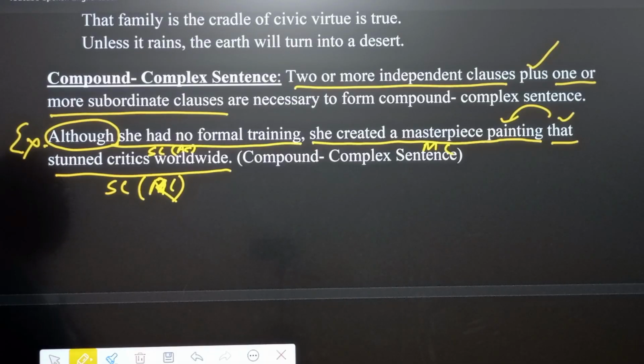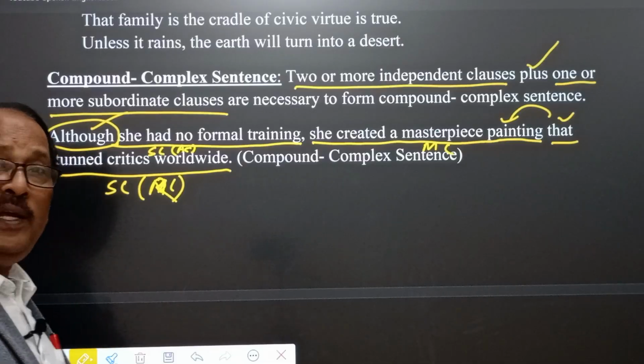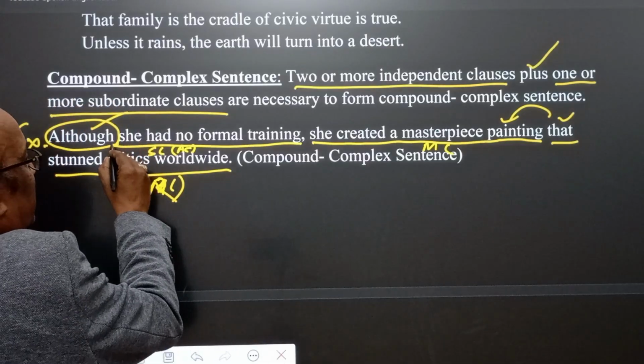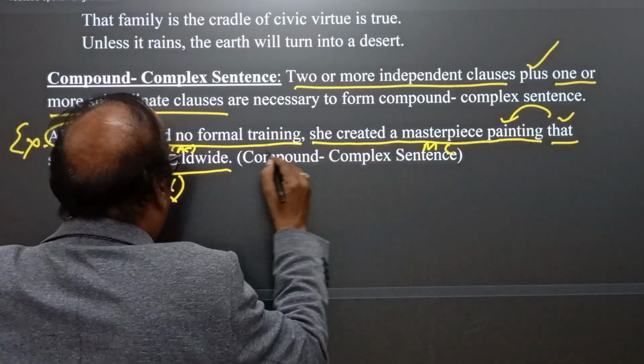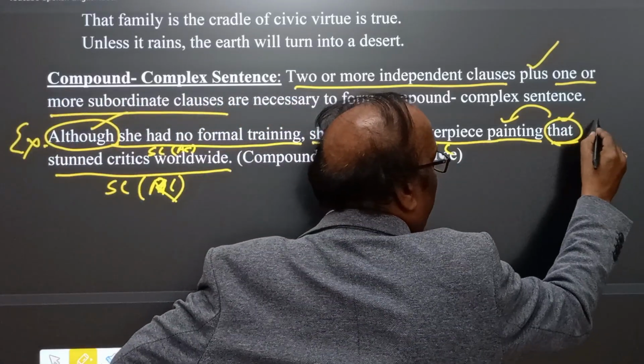Here we find the compound complex sentence, where "although" is a subordinating conjunction, and "that" is also a subordinating conjunction.